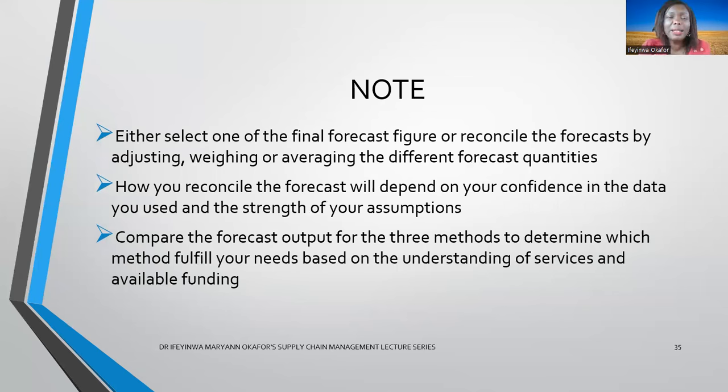And then either select one of the final forecast figures or reconcile the forecast by adjusting, weighing, averaging the different forecast quantities. How you reconcile the forecast will depend on your confidence in the data you used and the strength of your assumptions.